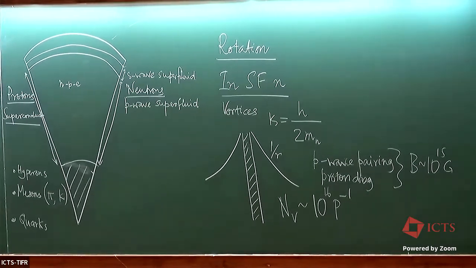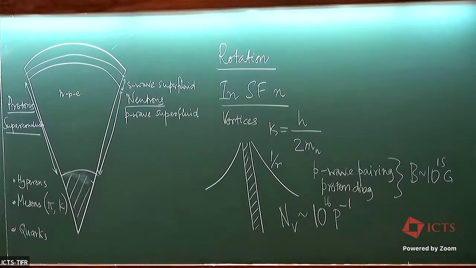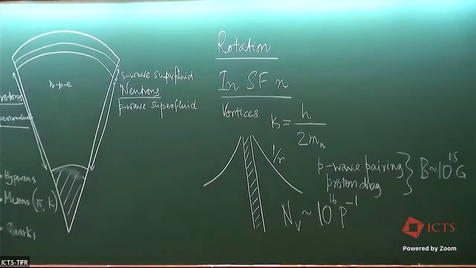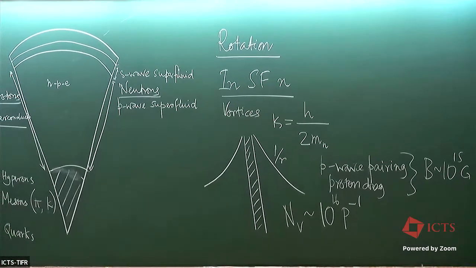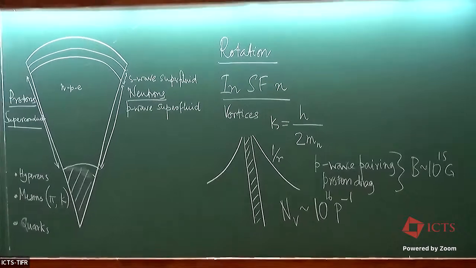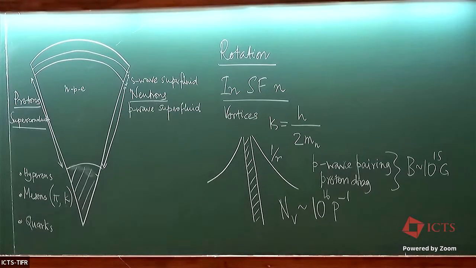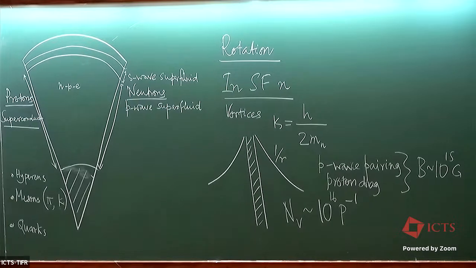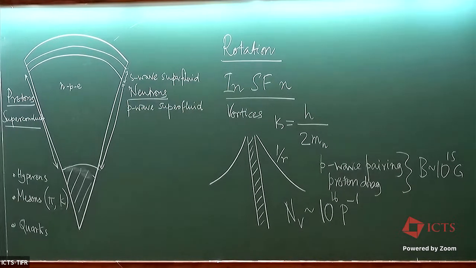So once an electron encounters this magnetic field, it is going to scatter on the magnetic field and transfer momentum. So vortices will feel the spin down in the crust.